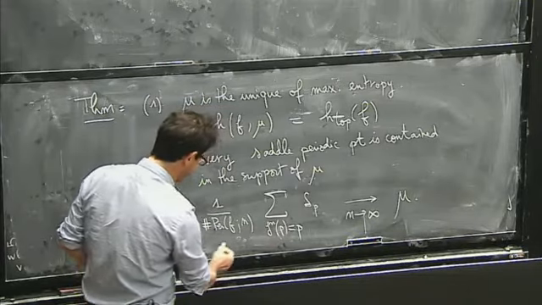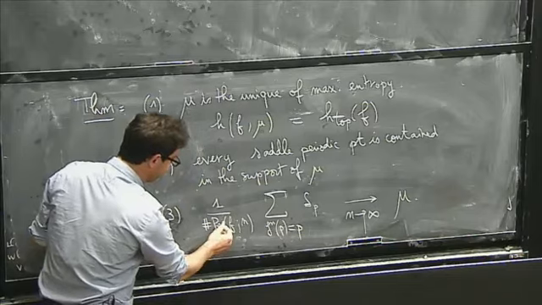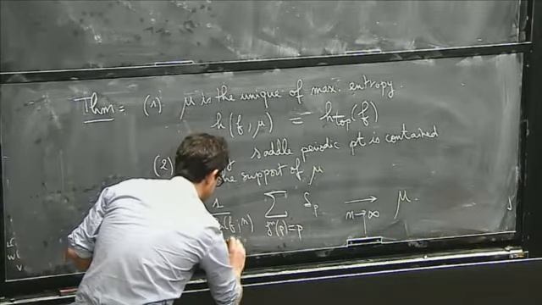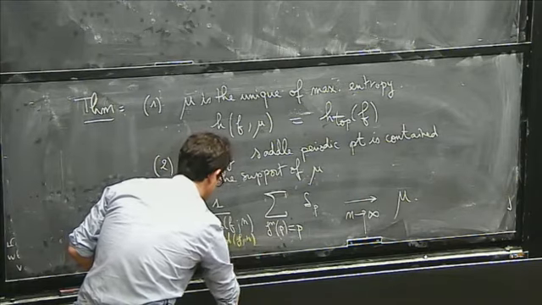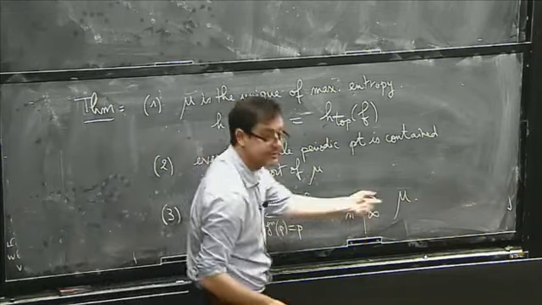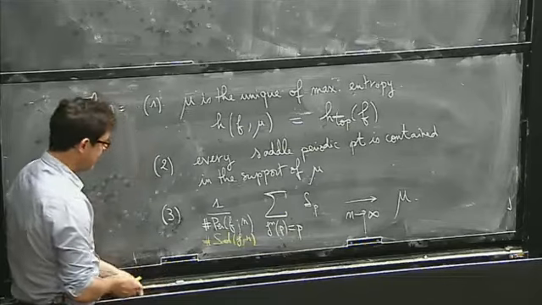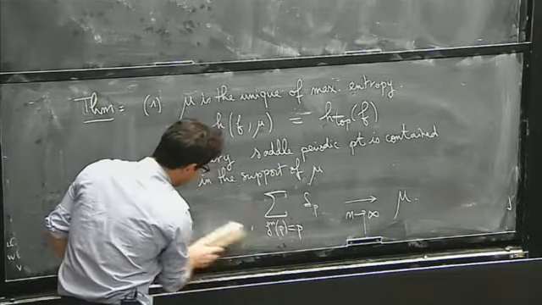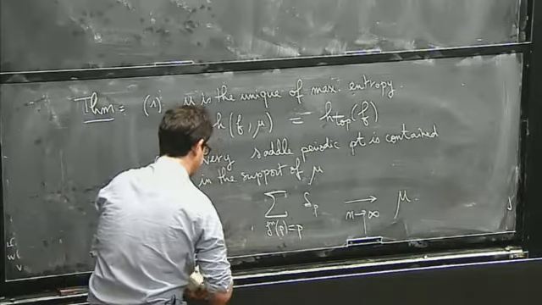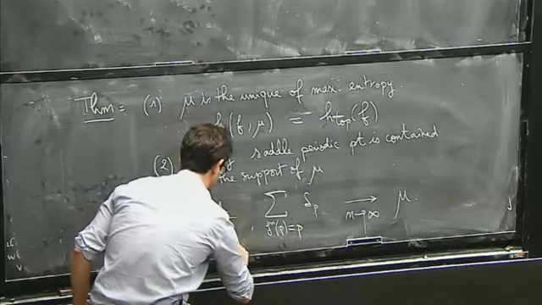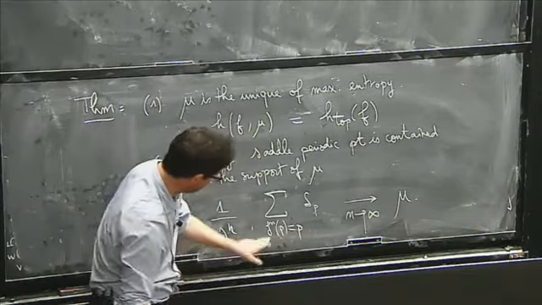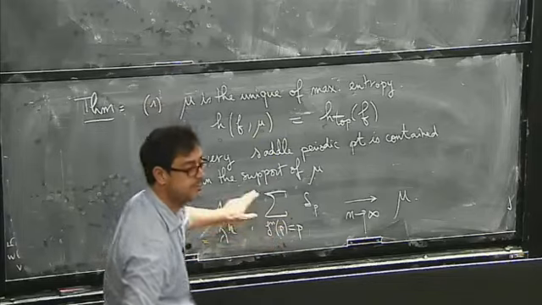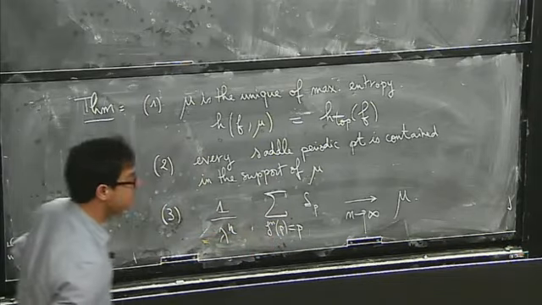So if you replace periodic points by saddle periodic points, you get the same statement, and instead of normalizing by the number, you can normalize by 1 over lambda to the n. So here you can put periodic points or saddle periodic points, and you get the same statement.